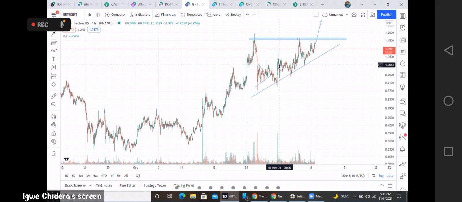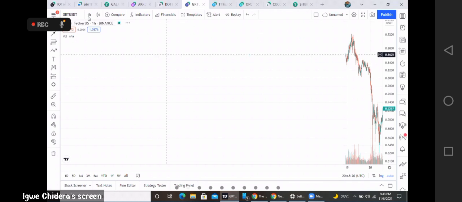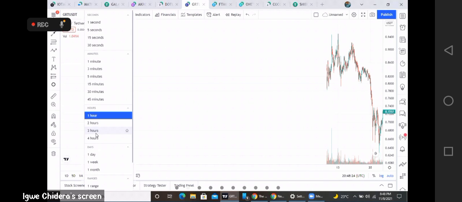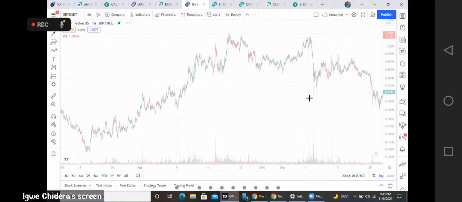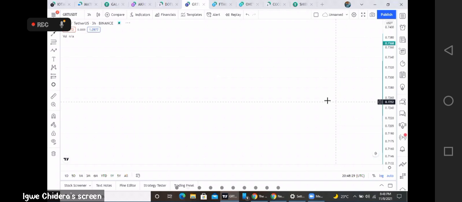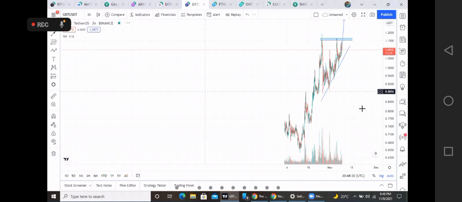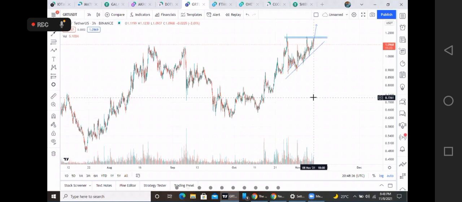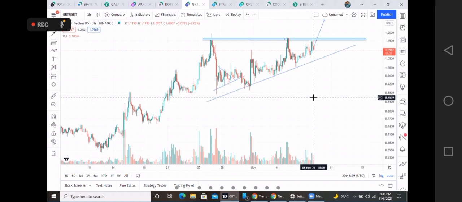I said about these triangles that you've been teaching us for some time now. From all my research and practical work, I can really say that those triangles are either higher lows to the support, to the resistance, or lower highs to the resistance.